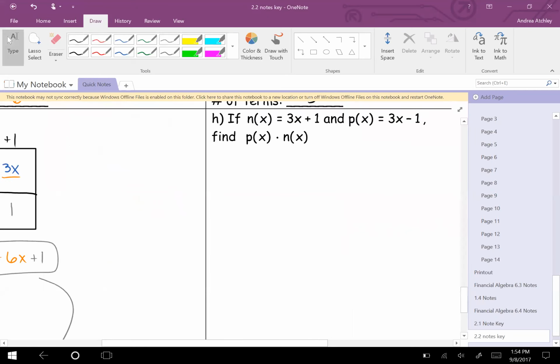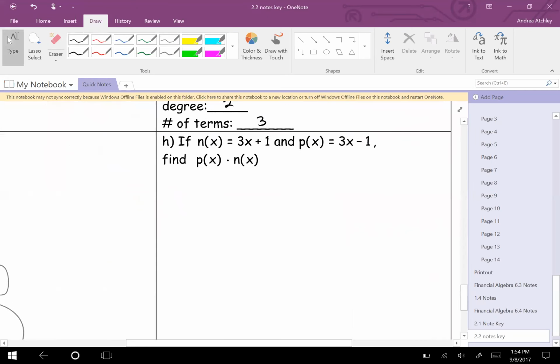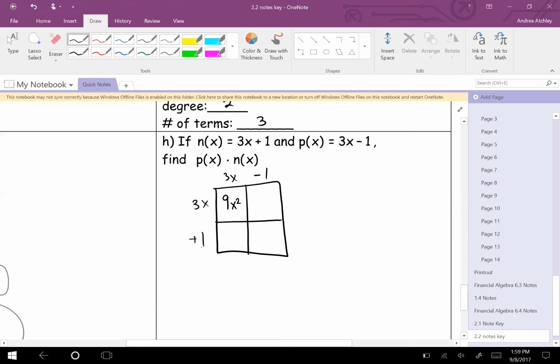Okay, you guys do the next one. Do H in your pairs. We should have gotten in our little box 9x squared, because this is 3x minus 1, and this is 3x plus 1. 3x, and this would be negative 3x.